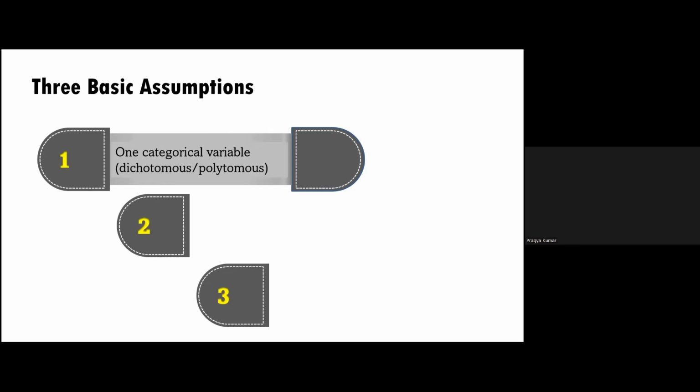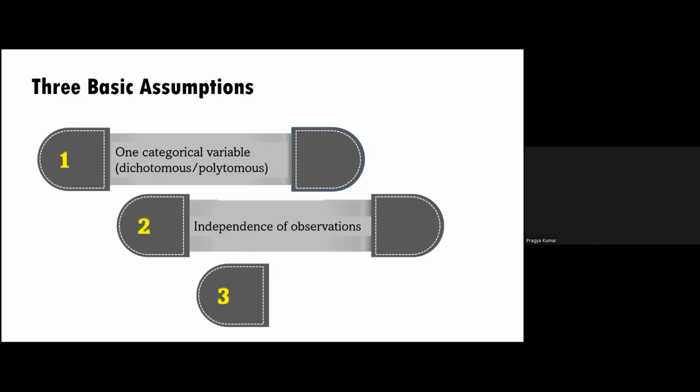A variable can be polytomous, which means it has more than two categories. Maybe socioeconomic scale, lower, middle and upper; disease severity, mild, moderate, severe; or blood group A, B, AB and O. That is again polytomous. So if you have a categorical variable which has more than two levels, that is known as polytomous.